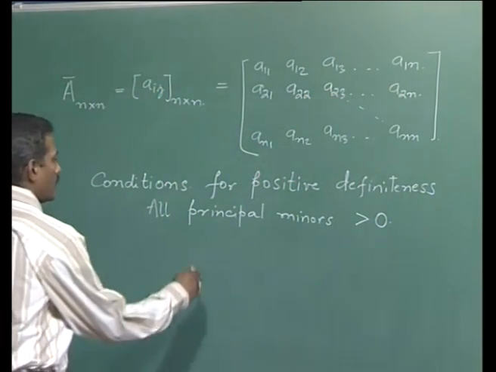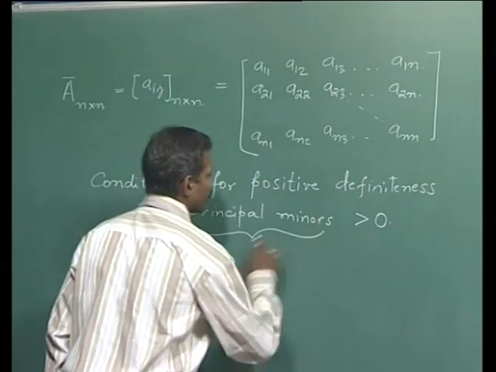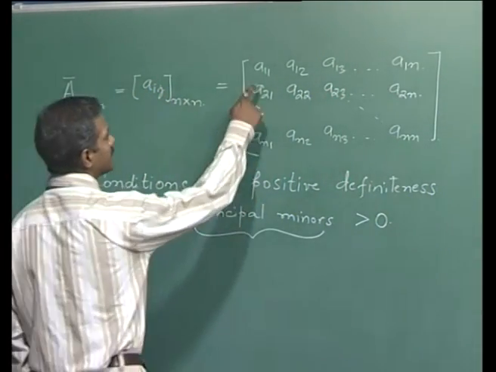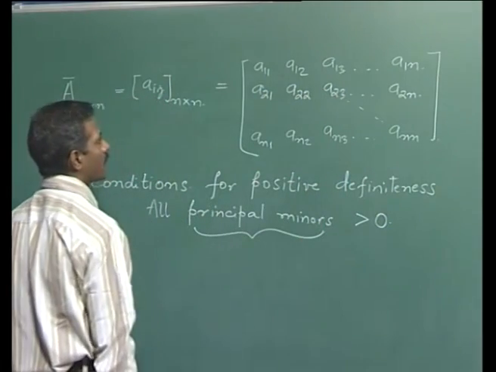Now, what are principal minors? They are the set of determinants that you construct from this matrix.